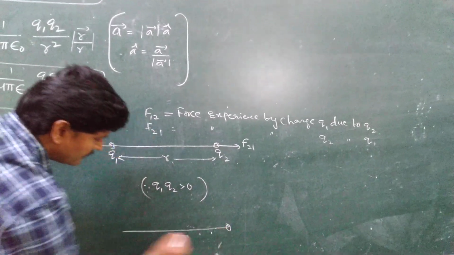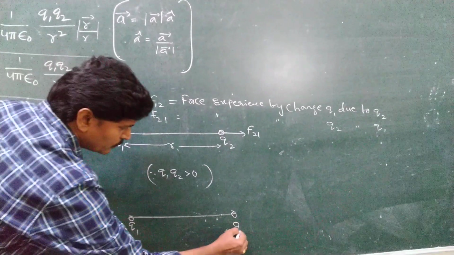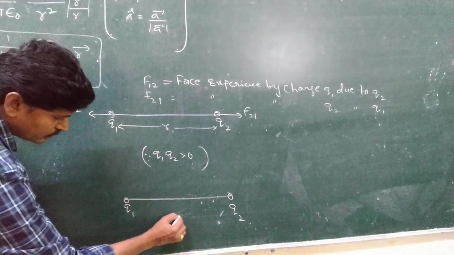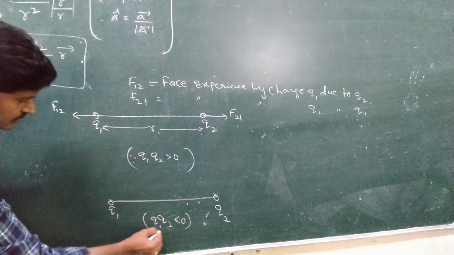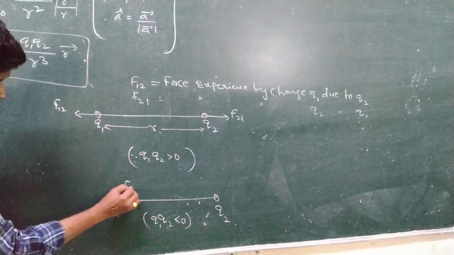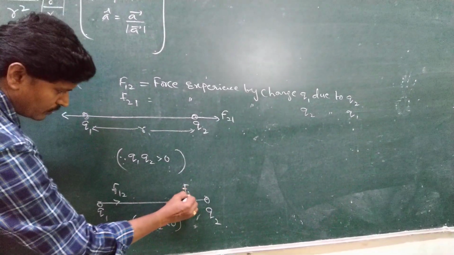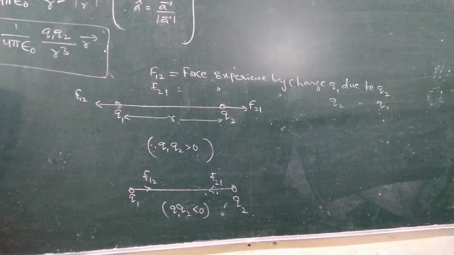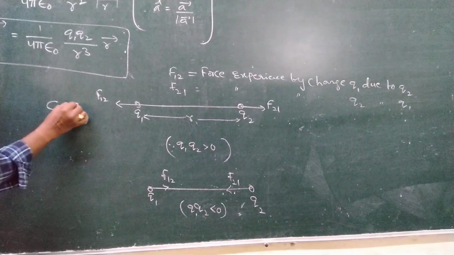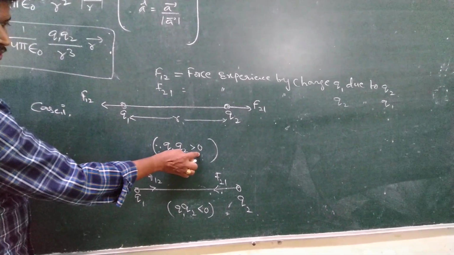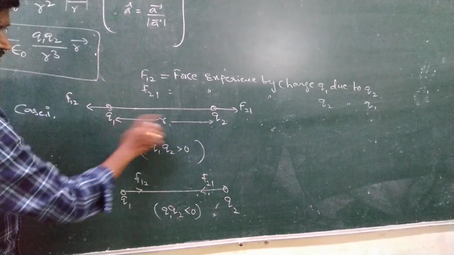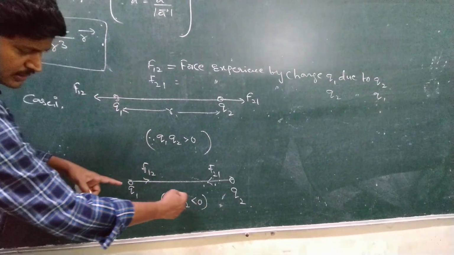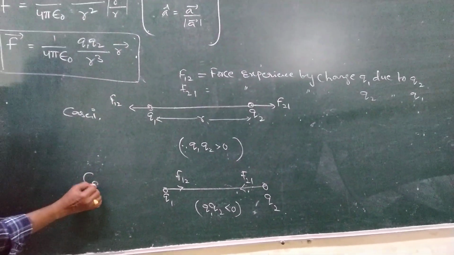If the product q1 q2 is less than 0, then the directions of F12 and F21 reverse. This is the direction of force. In the first case, if the product of charges is greater than 0, meaning both are positive or both negative, they repel each other. If one is positive and the other negative, they attract each other.